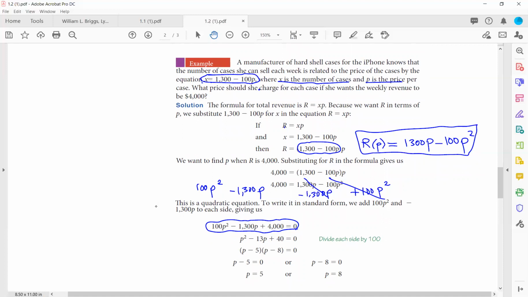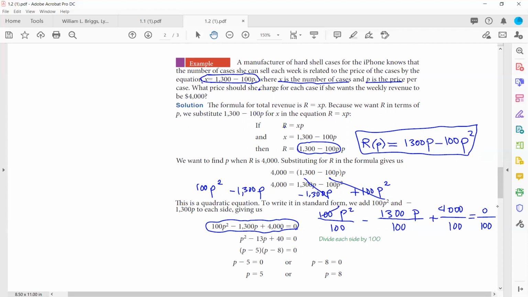First of all, divide everything by 100 because each of these terms has a factor of 100. So 100P squared divided by 100 minus 1,300P divided by 100 plus 4,000 divided by 100 equals 0 over 100. You have to divide the left-hand side and the right-hand side.